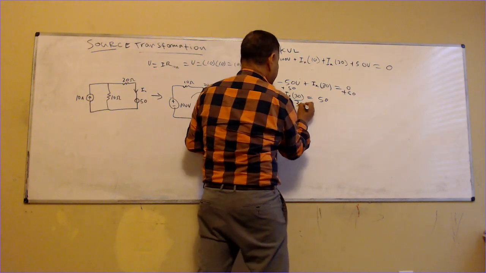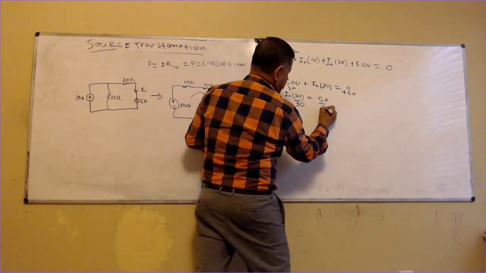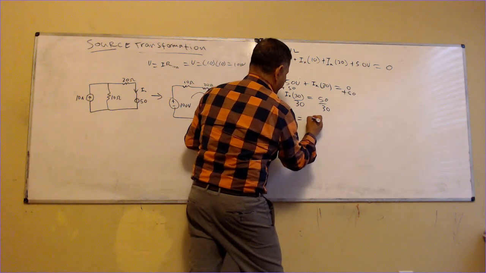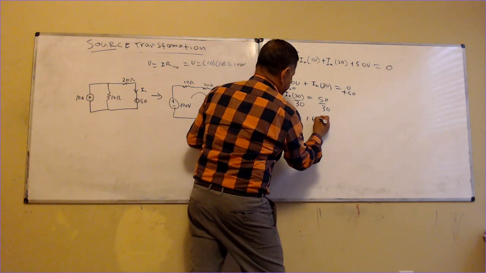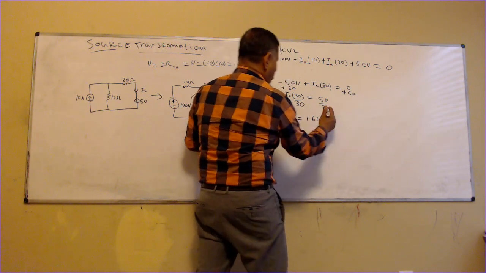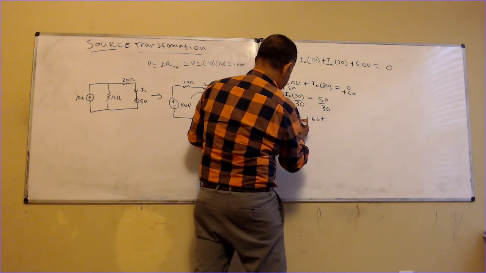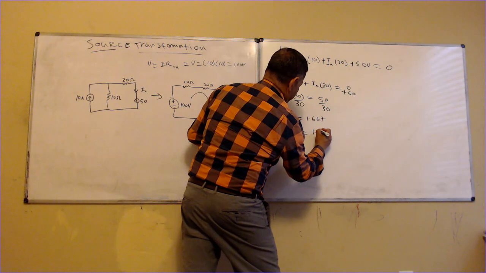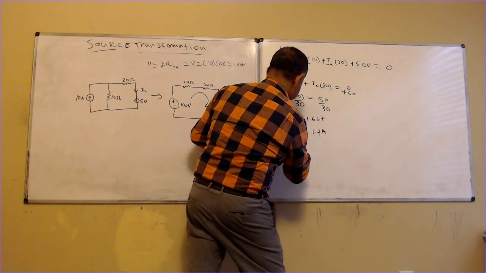Divide by 30 on both sides, and we get that Ix is approximately 1.66, which can be rounded to Ix equal to 1.7 amps.